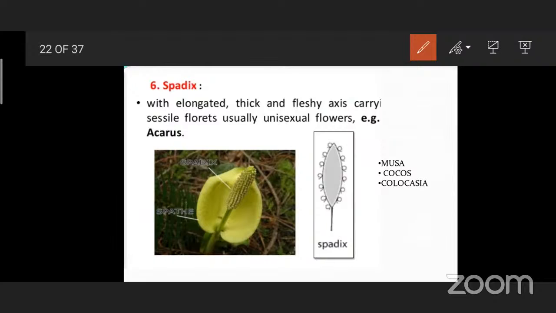Racemose inflorescence is again divided into 2 types: simple racemose inflorescence and compound racemose inflorescence. Under simple racemose inflorescence there are subtypes, a total of 6 types.